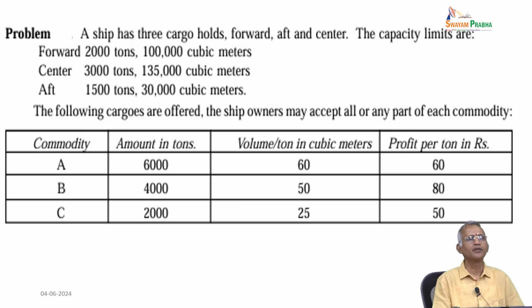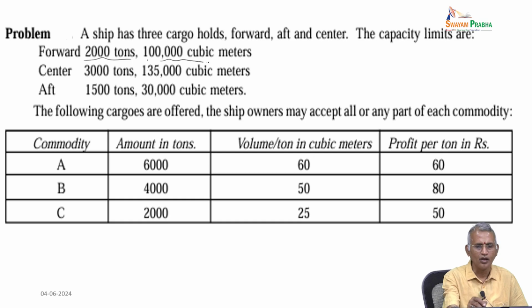Next mathematical problem modeling. A ship has 3 cargo holds: forward, aft and center. The capacity limits of forward are 2000 tons and 1 lakh cubic meters, center has 3000 tons and 1,35,000 cubic meters, and aft has 1500 tons and 30,000 cubic meters.